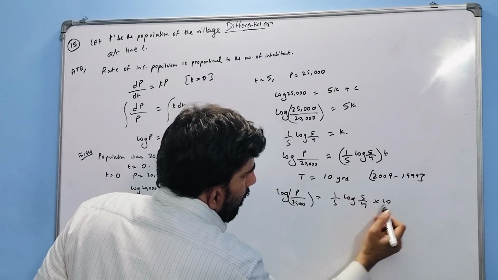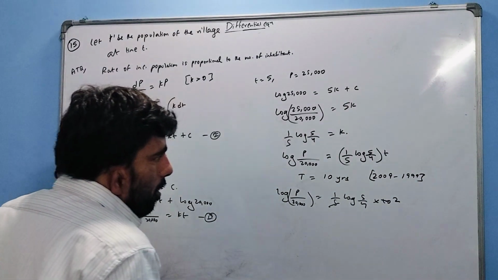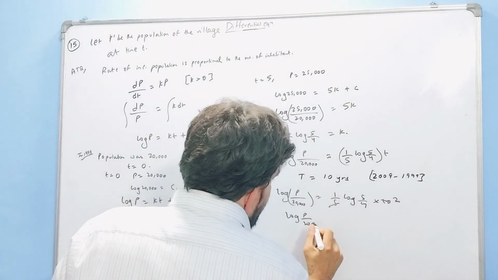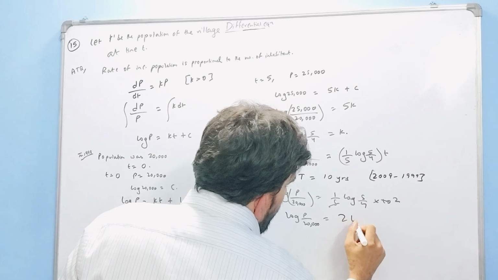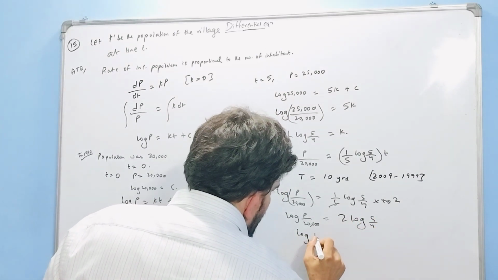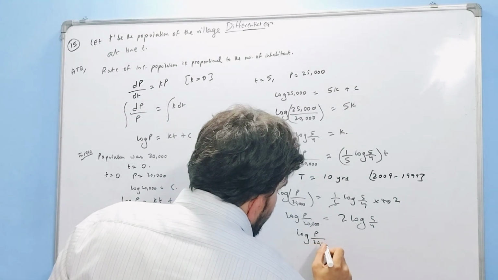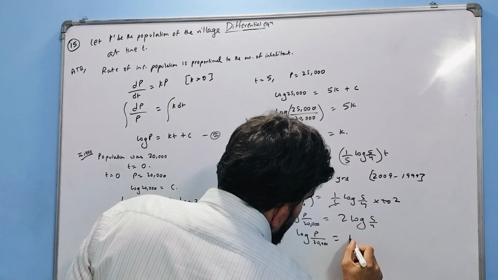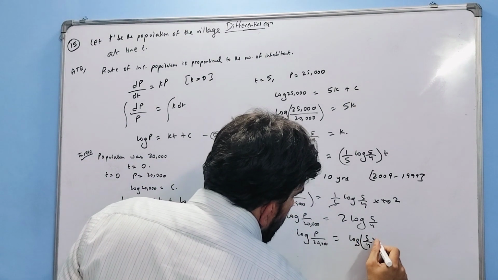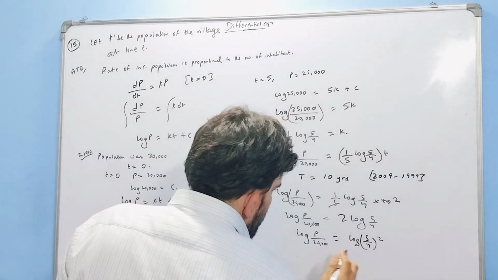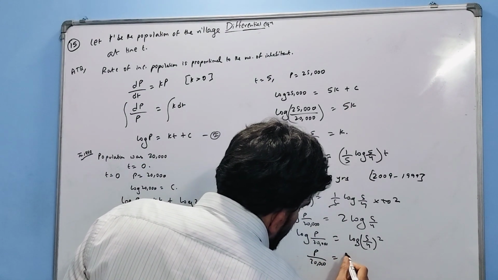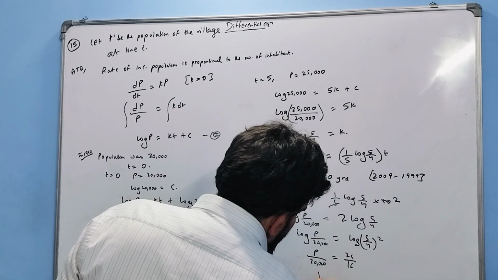So now log of P upon 20,000 is equal to 2 into log of 5 upon 4. We can put log of P upon 20,000 is equal to log of 5 upon 4 whole square. Okay, so now we have P upon 20,000 is equal to 25 upon 16.